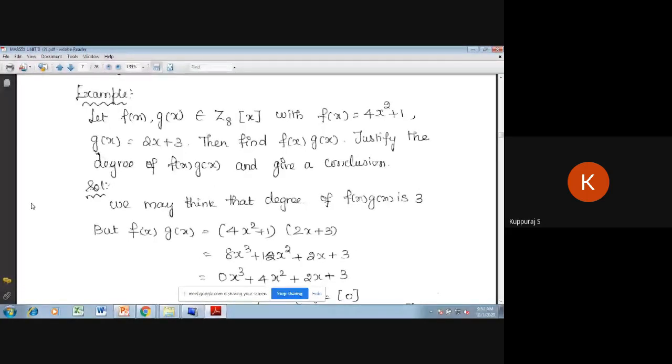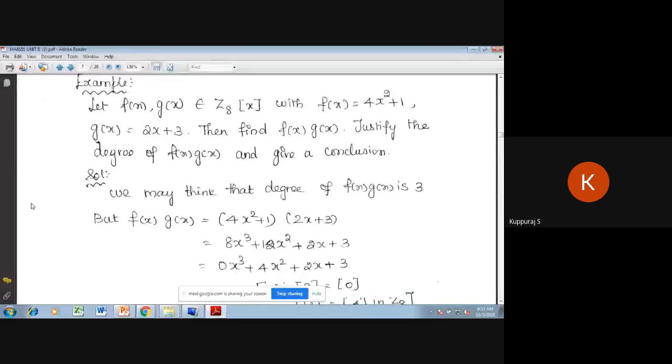So here, look at the coefficients of x cubed, x squared, x and the constant term. They should be less than mod 8.